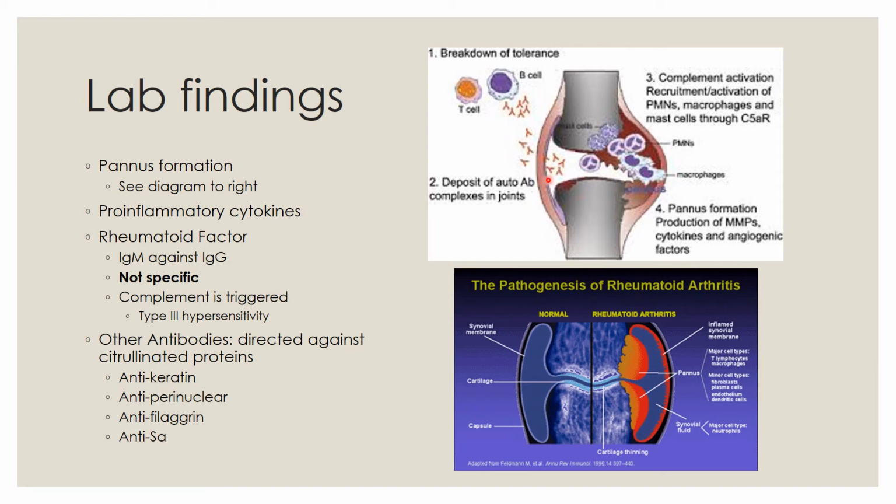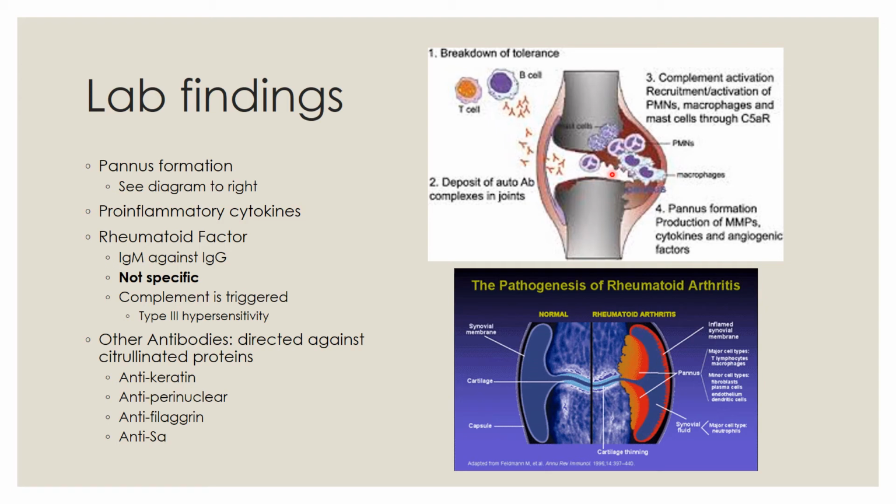A pannus is shown over here in this little cartoon. It's showing kind of what's going on. Tolerance is lost, and the antibodies are produced, right, by the B cell against the lining of the joint. This can be any joint, okay? As the joints become infiltrated with that autoantibody, they eventually lead to the triggering of T cells.